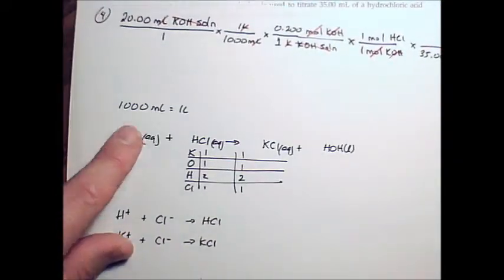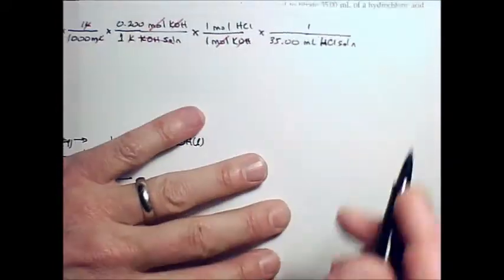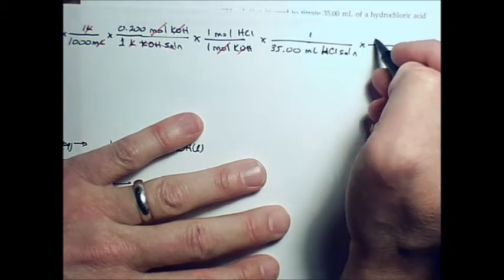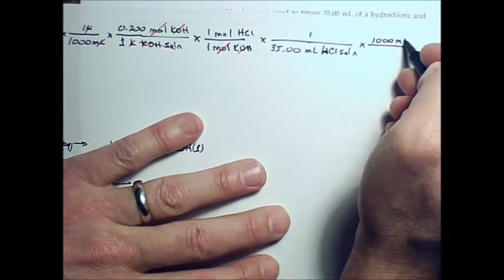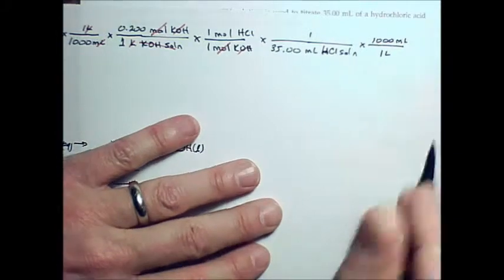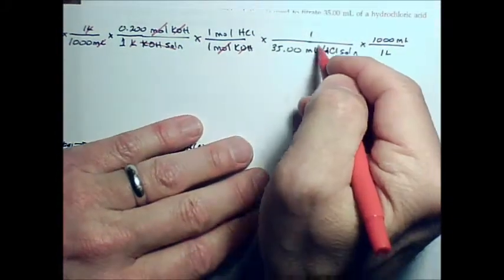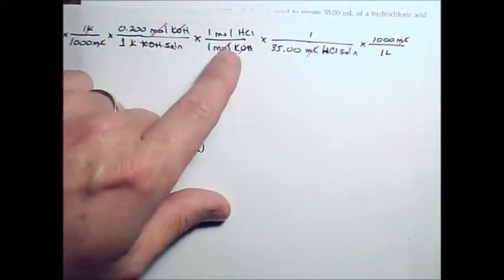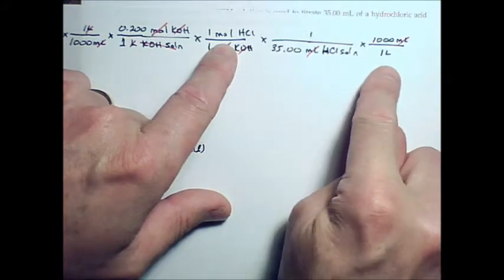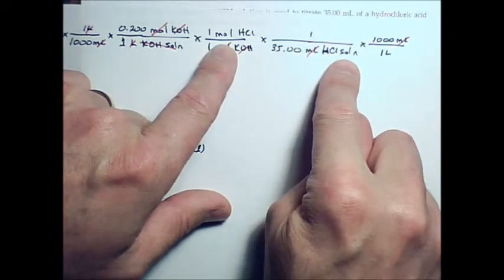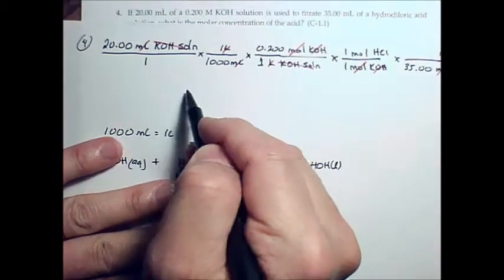We already have the equality statement down here. Cancel out the milliliters, and we've got moles of solute over the liters of the solution, which is what the question asks you to find.